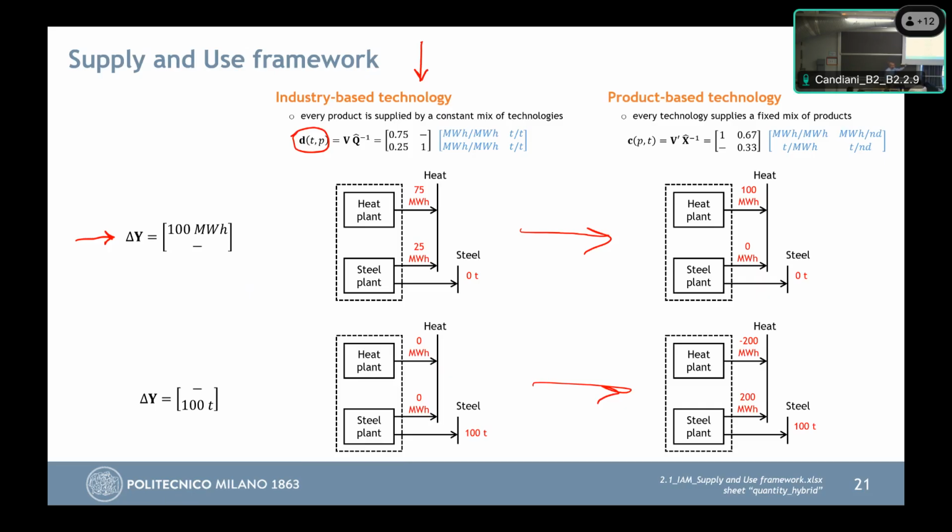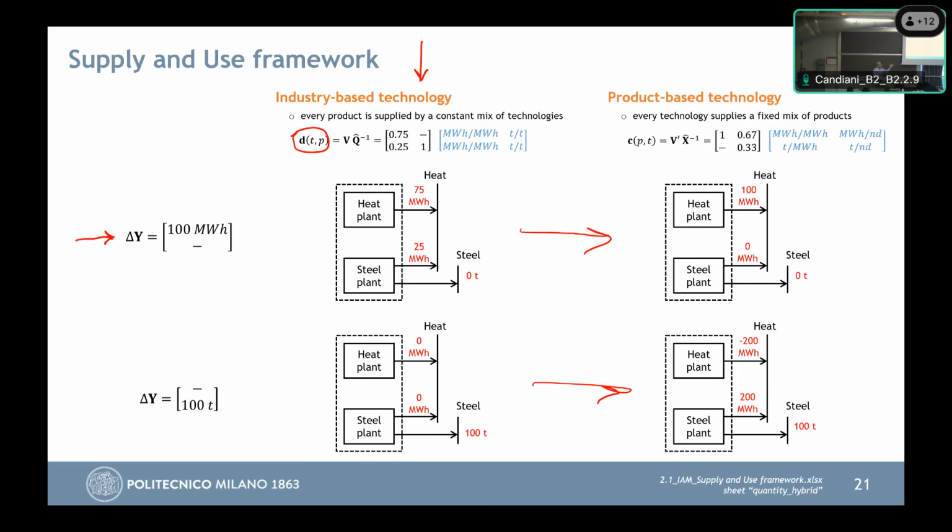So what is going to happen? If I'm producing 100 tons, based on the product mix matrix, I'm producing also 200 megawatt hours of heat. Now, from the point of view of the mathematical model, the model must satisfy a balance for the demand of products to work.